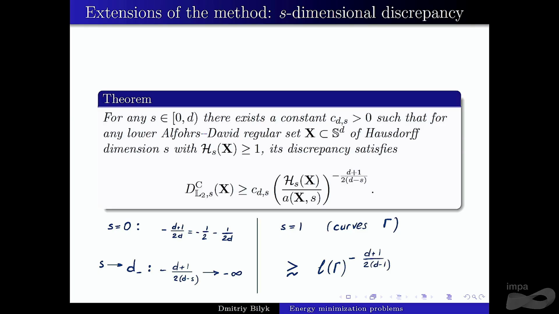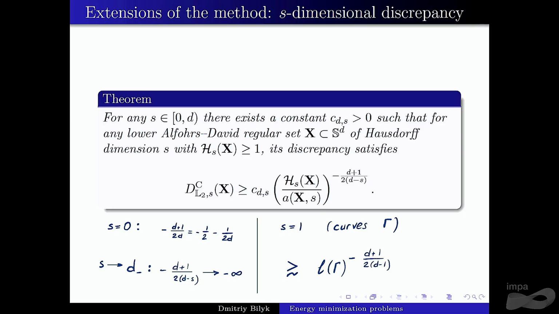An interesting subcase of this theorem is when you take S equal to 1 and you consider lines. If you consider rectifiable curves, closed curves, or non-closed curves with sufficiently large lengths, they will automatically be lower Ahlfors-David regular with a constant, something like 2, because for every small ball the curve has to go in and out.